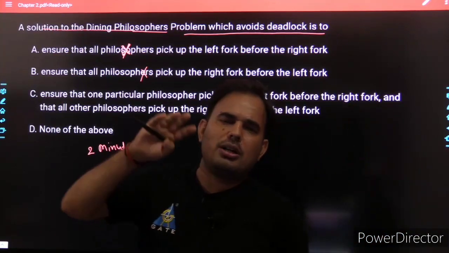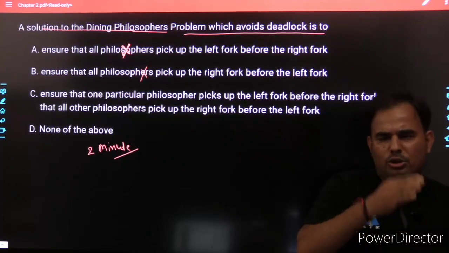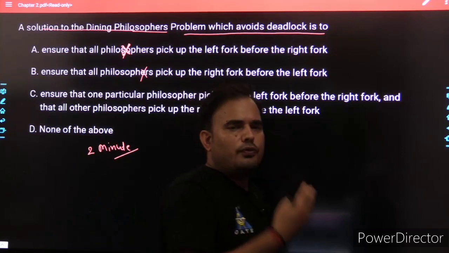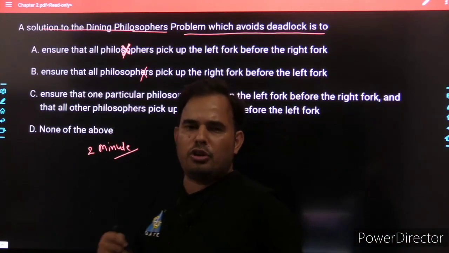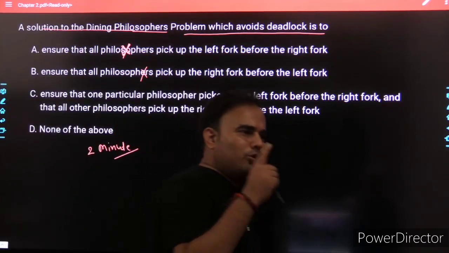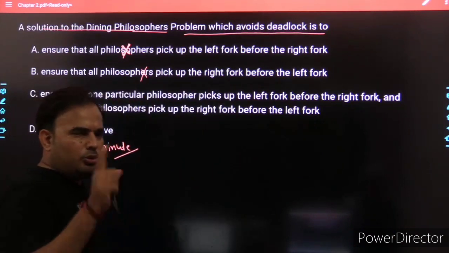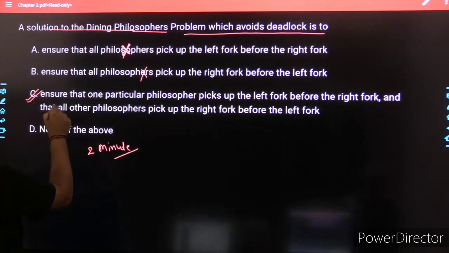So we have restricted that all the philosophers take their leftmost fork first, then they can take the rightmost fork, but the 10th one picks their rightmost fork first, the just opposite task. So according to that concept, option C is correct here.